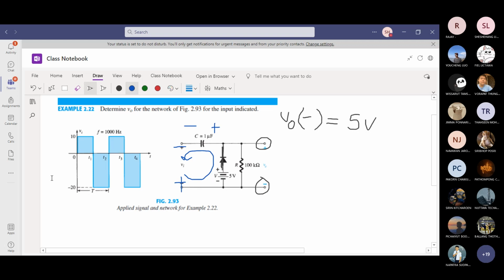And also look at the input waveform. It is not symmetrical. Positive peak has one value, the negative peak has a different value. What is VC?